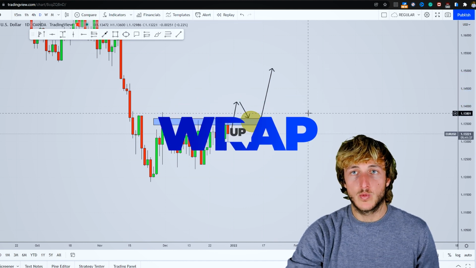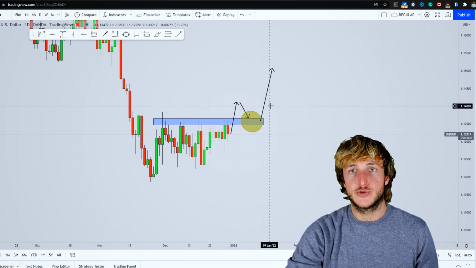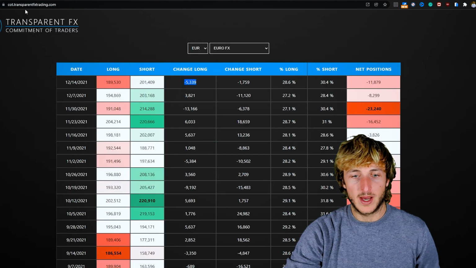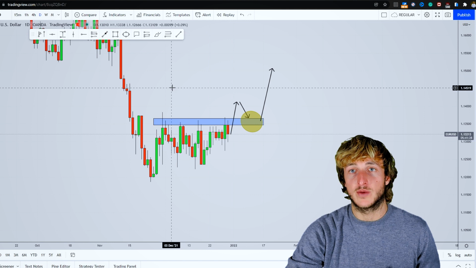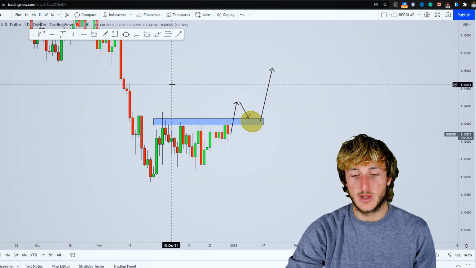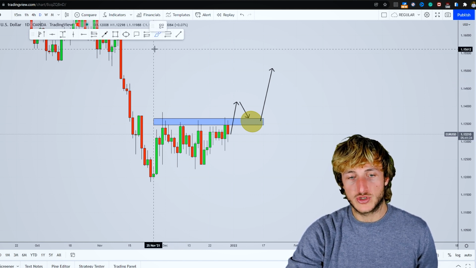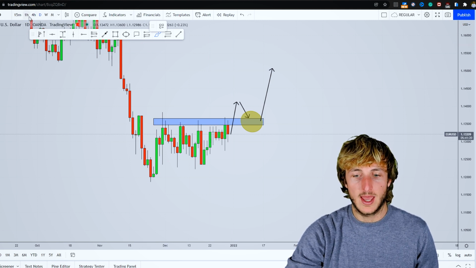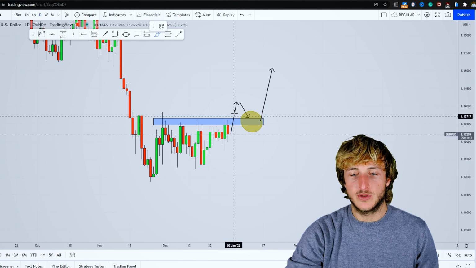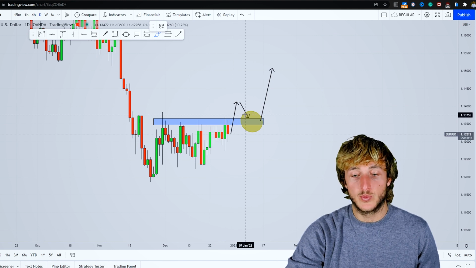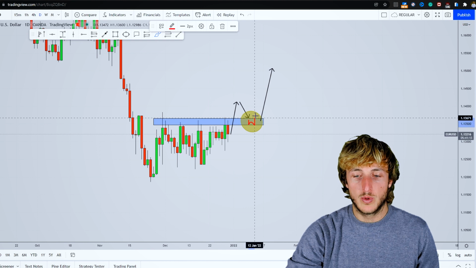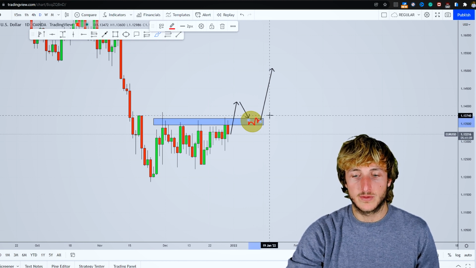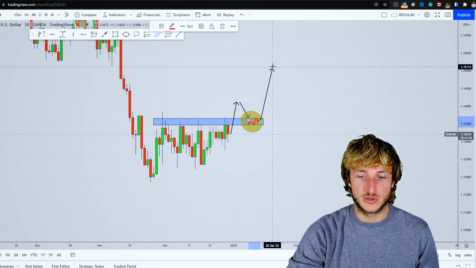Now, the way in which we will be approaching this with students is as usual being reactive and not predictive. The monthly, weekly, and daily combined with the COT data, those are the best time frames from a directional perspective. However, when it comes to confirmations and entries, the best time frames are the intraday time frames, so 4 hour and lower. Therefore, with students, if we have the successful break and retest, instead of here, we will be monitoring price action from an intraday perspective, waiting for the market to shift from an intraday bearish market to an intraday bullish market.